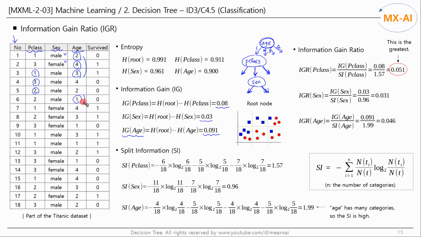Since age has many categories, the information gain will also be large. To solve this problem, we apply some kind of penalty to features that have many categories. This is the idea of IGR, the information gain ratio. In conclusion, when IGR is applied, P-class is split first.